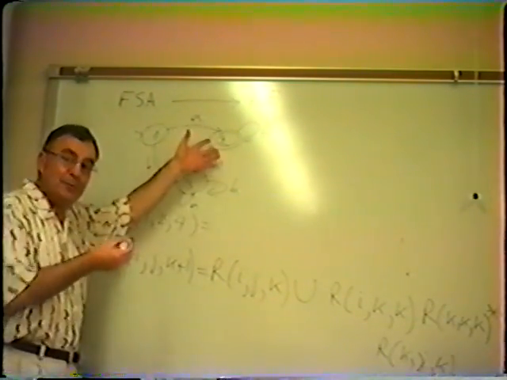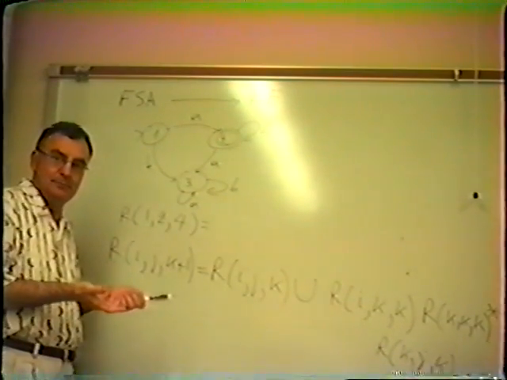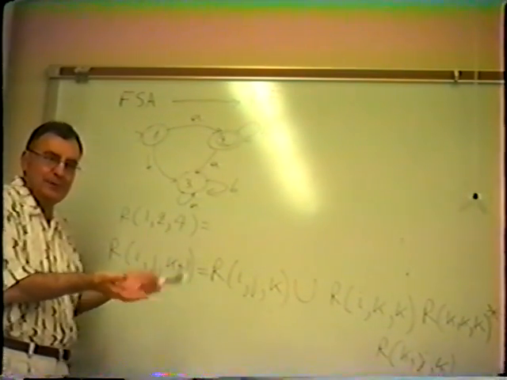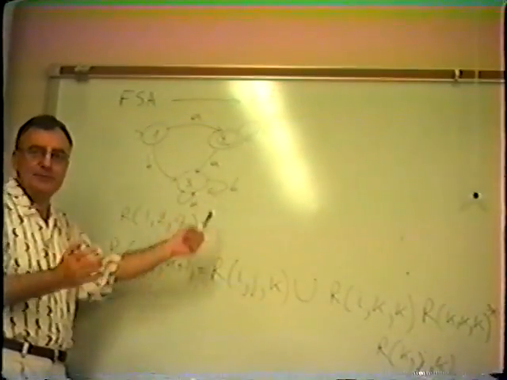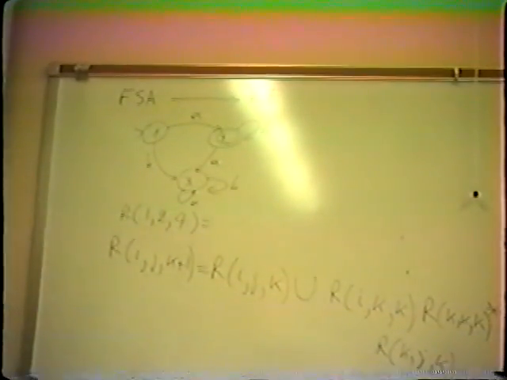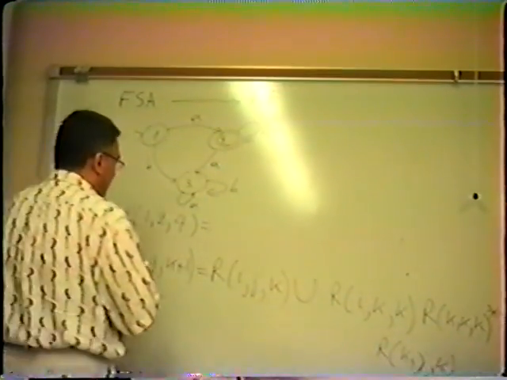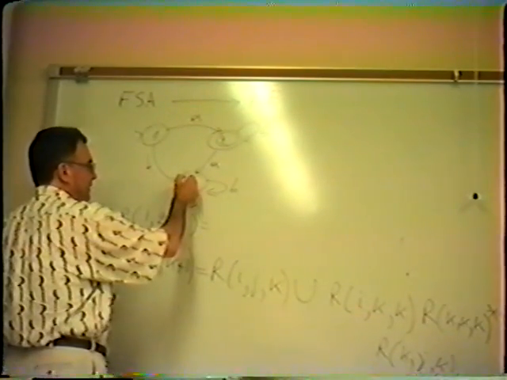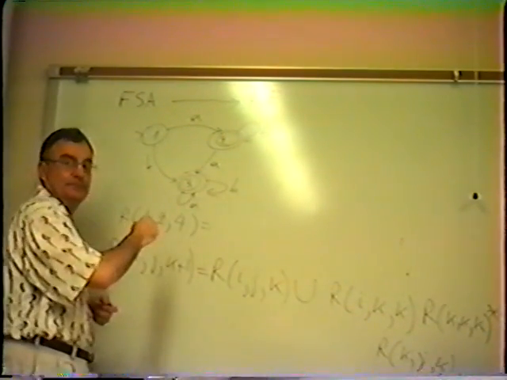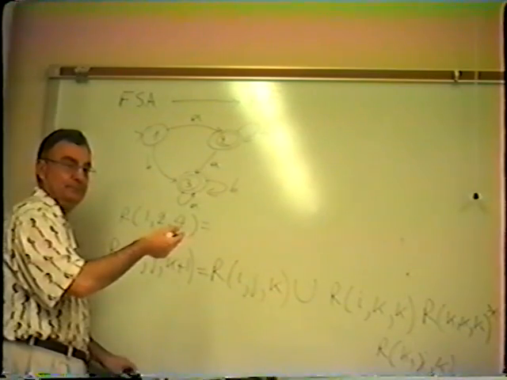Is this equal to the language accepted by this automaton? Yeah, that's the language. What's the language accepted by this automaton? All the strings that will get you to the final state. Okay. What if I had 2 final states? Let's say this was also final. What is the language then?